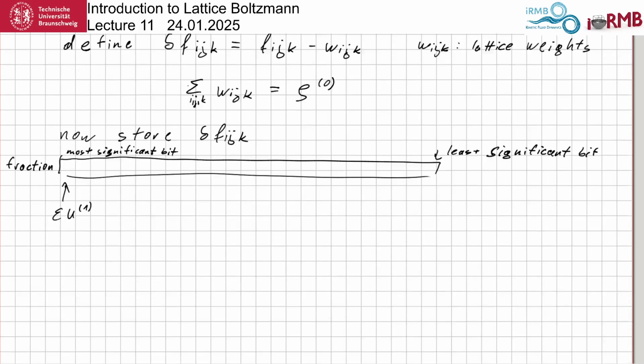Then after this, we store epsilon squared theta delta rho, so the pressure, and then we go on with the ghosts.